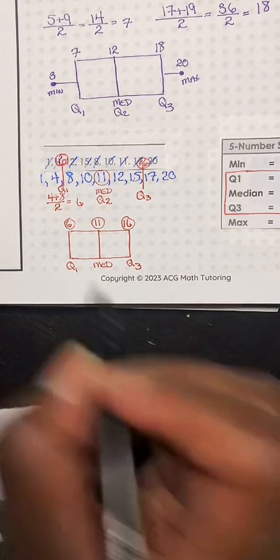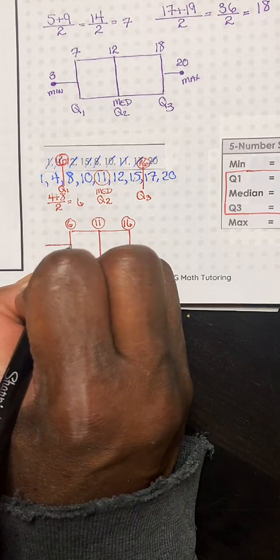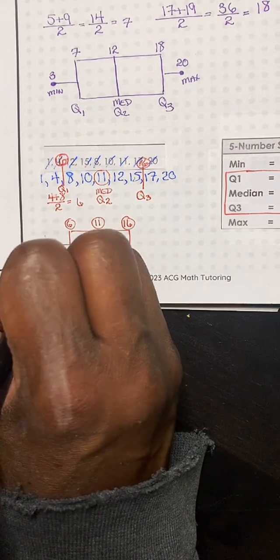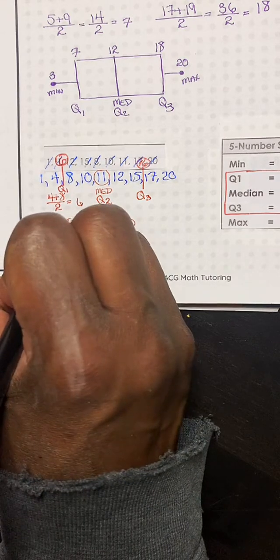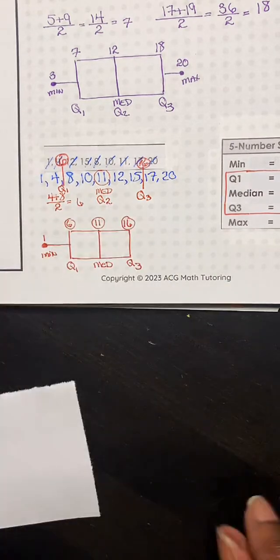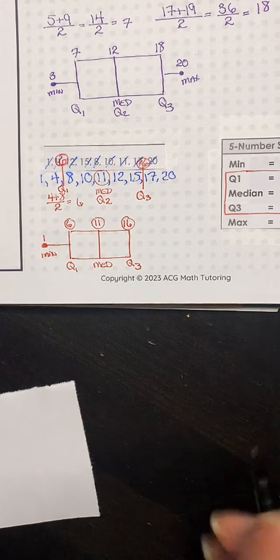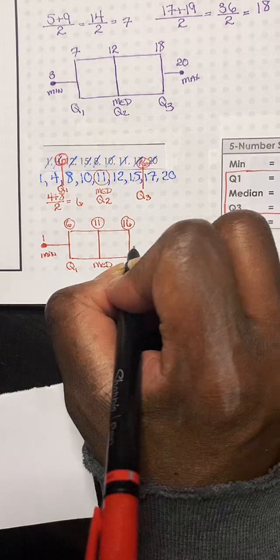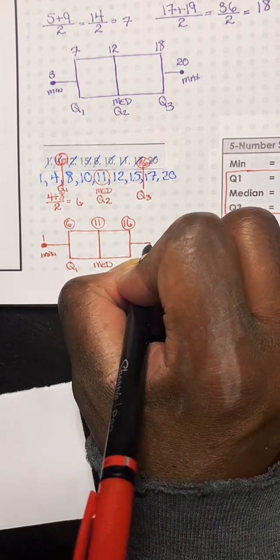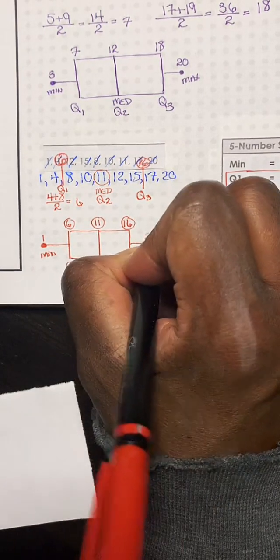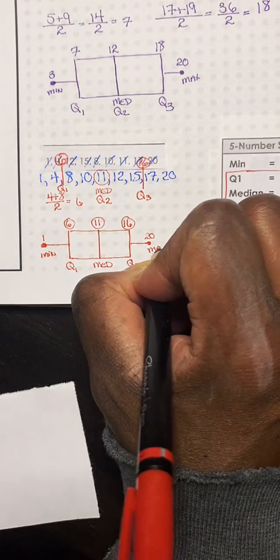Now all I need to do is put my dot for my min, which is 1. And then my next one is 20. It's not too far, about here. And this is my max.